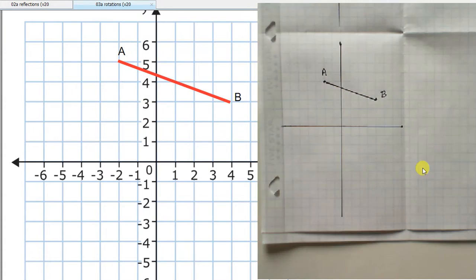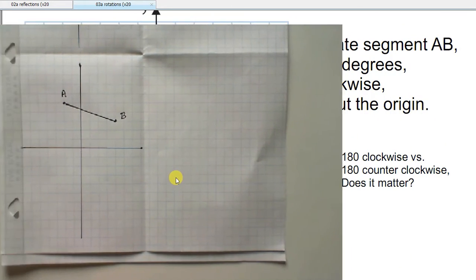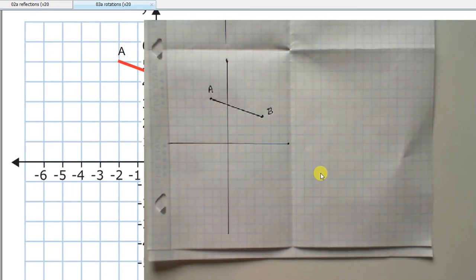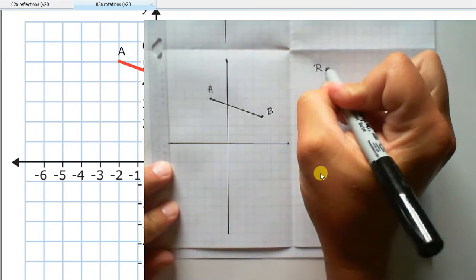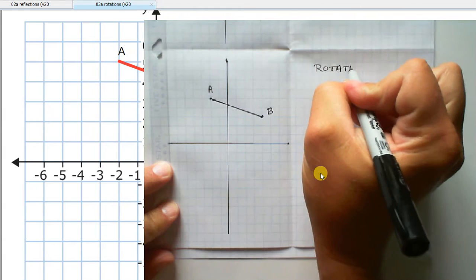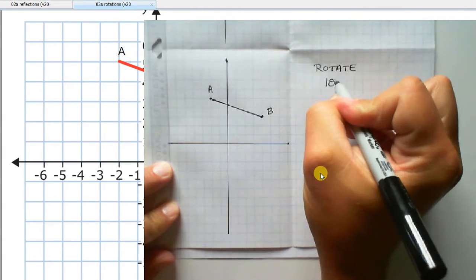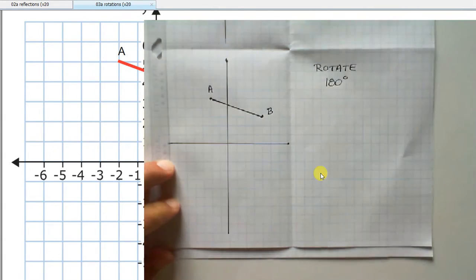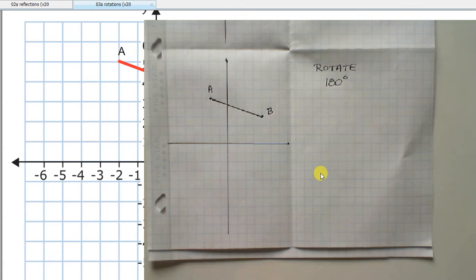And what are we going to do with that segment? We are going to rotate it 180 degrees. And it doesn't matter if we go clockwise or counterclockwise. It's going to end up in the same location either way.